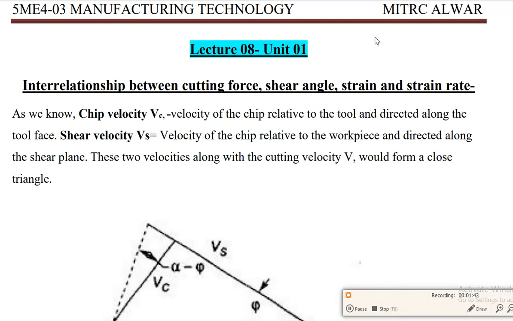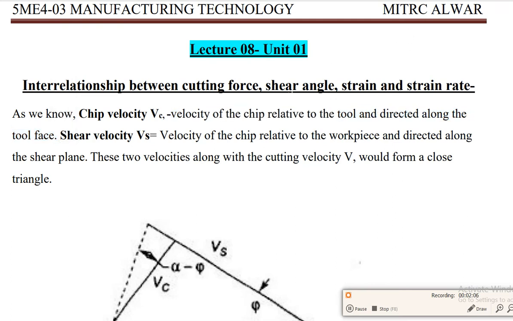Here, as we know, the chip velocity Vc is the velocity of the chip relative to the tool, directed along the tool face. We observed this in the previous class with the merchant circle diagram.